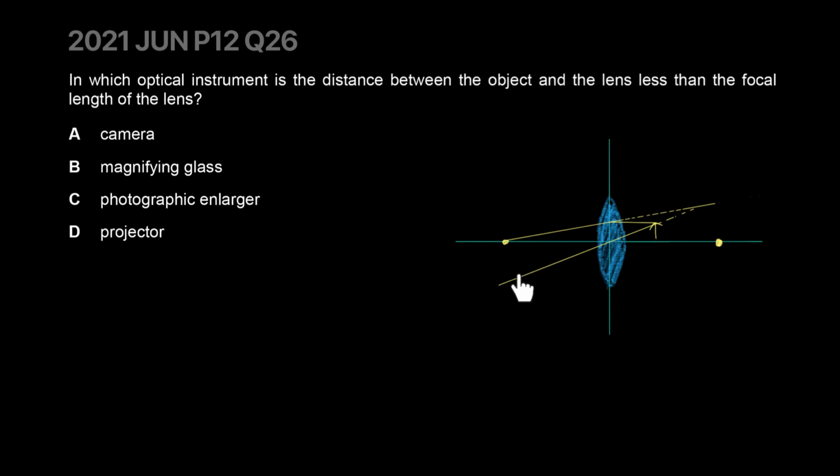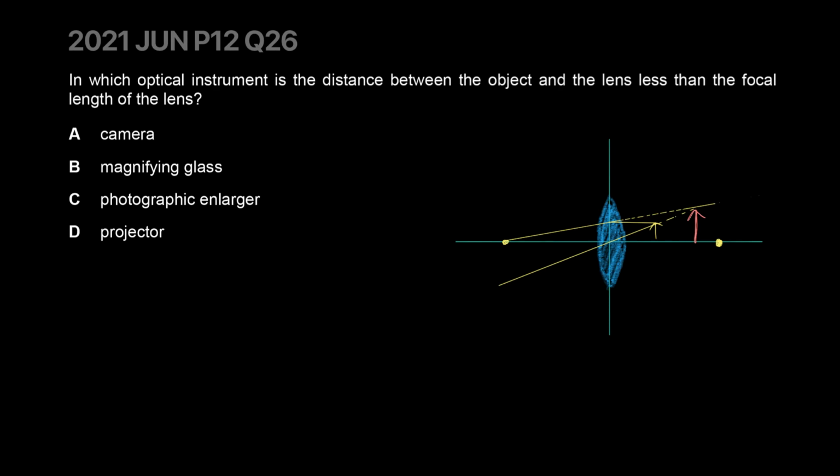These rays will never meet, so we have to trace them backwards, and we see that they kind of meet here. So that's where our image will form, right? Our image will be somewhere here in red, like that.